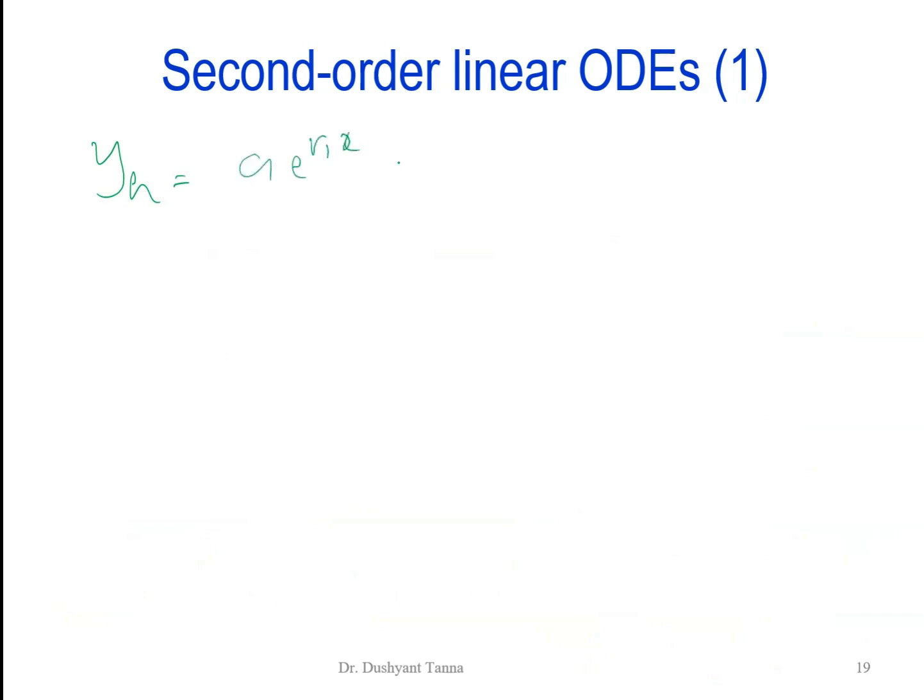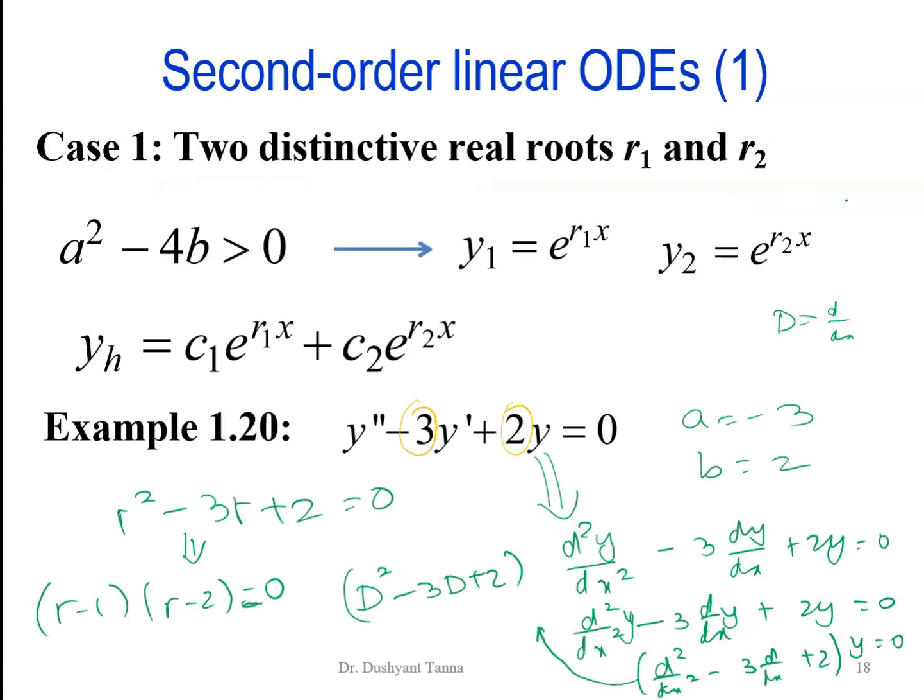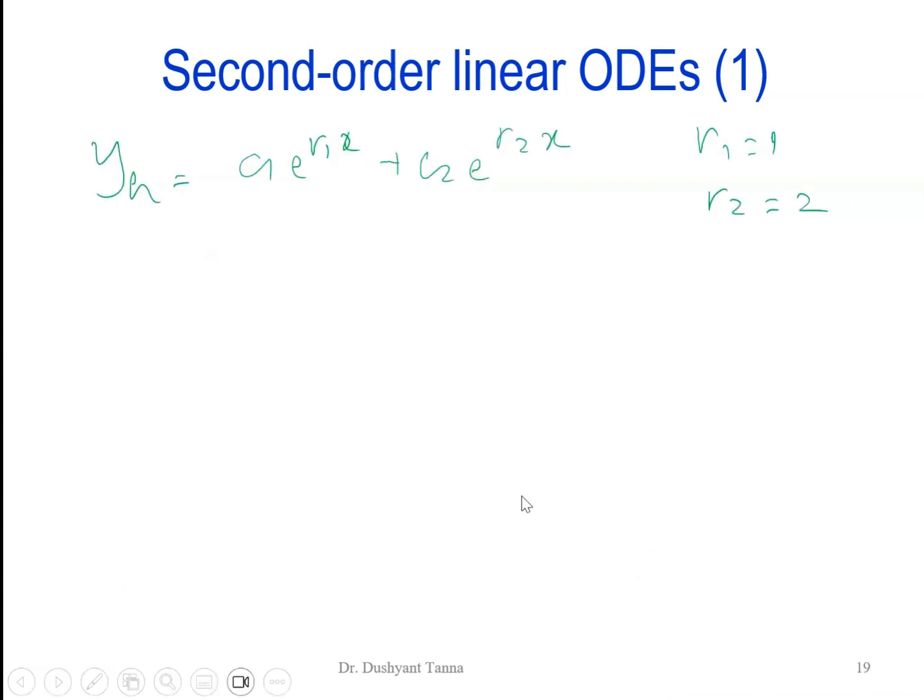I just write it so it becomes more familiar. My R1 and R2: R1 is 1, R2 is 2, right? Because once I got this, R is equal to 1, R is equal to 2. I got two roots. Therefore, my YH is C1 e raised to x plus C2 e raised to 2x.